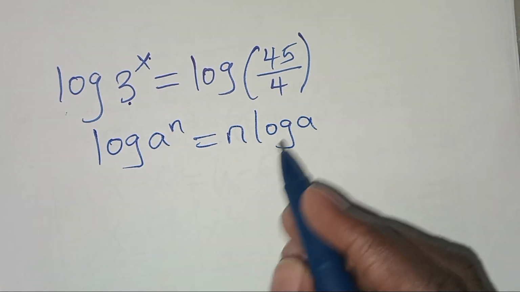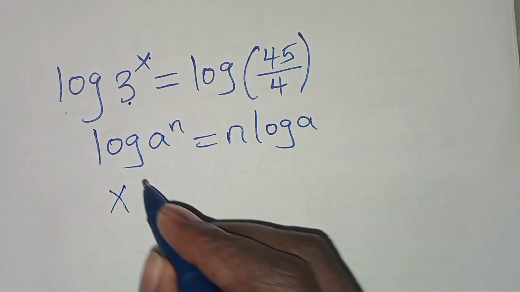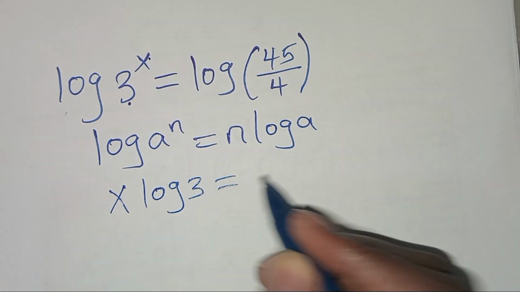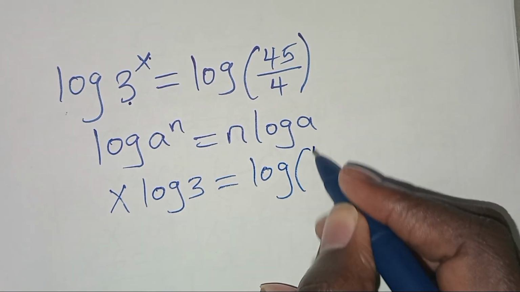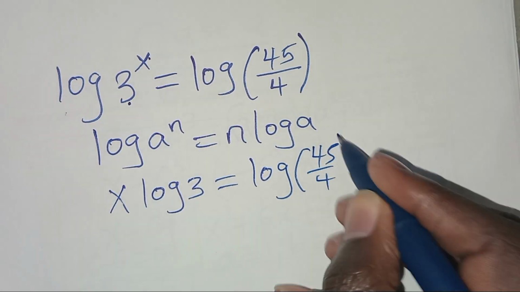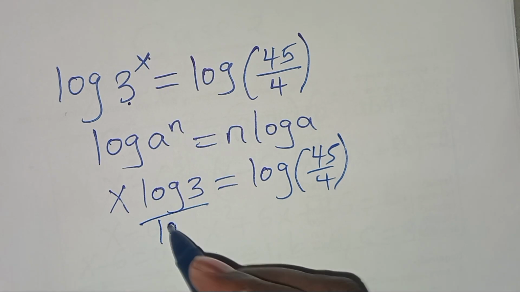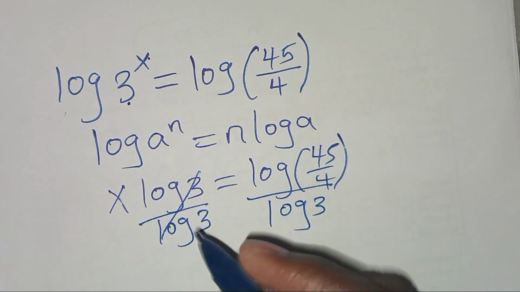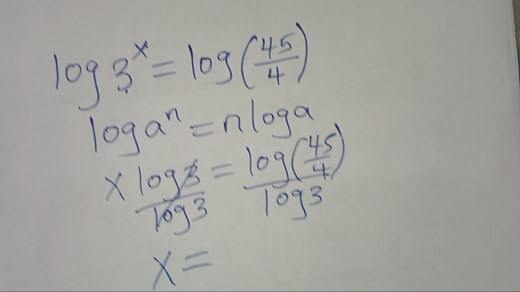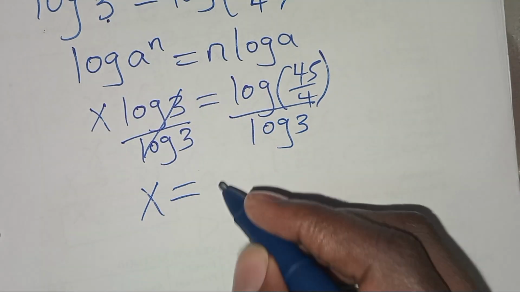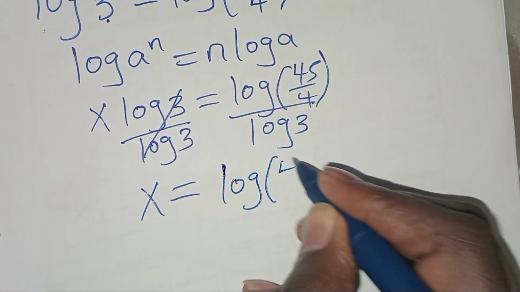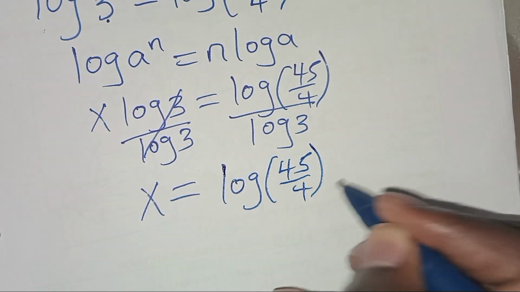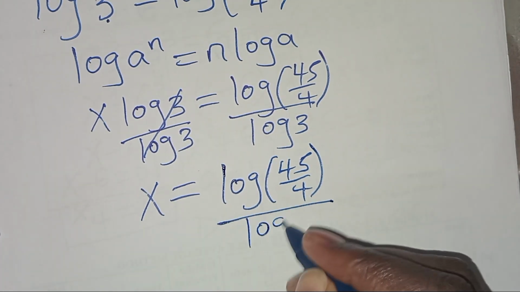Applying this property, log 3 to the power x becomes x log 3, equal to log 45 divided by 4. So let's divide both sides by log 3. So now the value of x is basically equal to log 45 divided by 4, all divided by log 3.